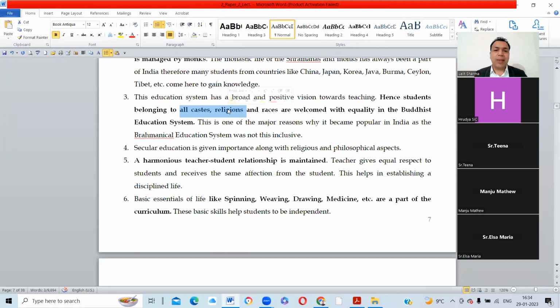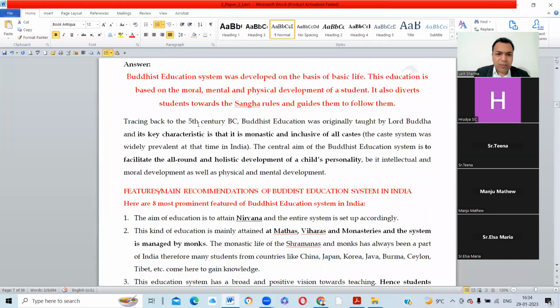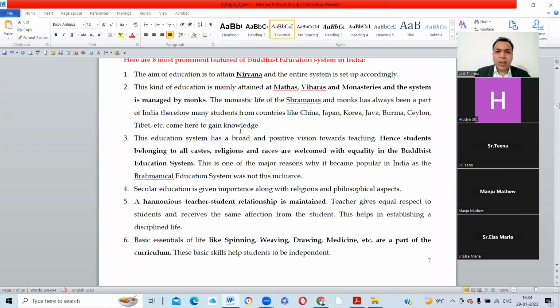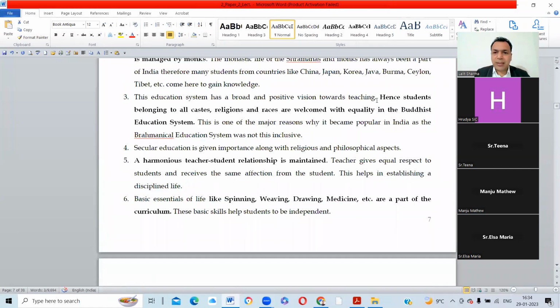Here, guys, when the Lord Buddha came, he is talking about the 5th century BC. At that time, students belonging to all castes, religions, and races were welcomed with equality in the Buddhist education system. It means irrespective of any section of society, any student could take education during the Buddhist period.